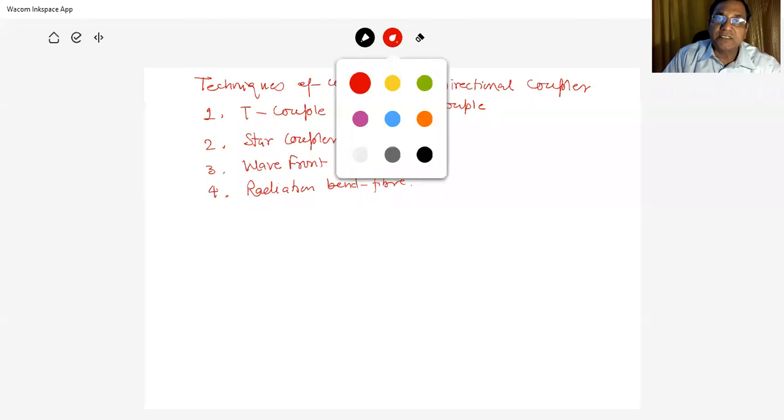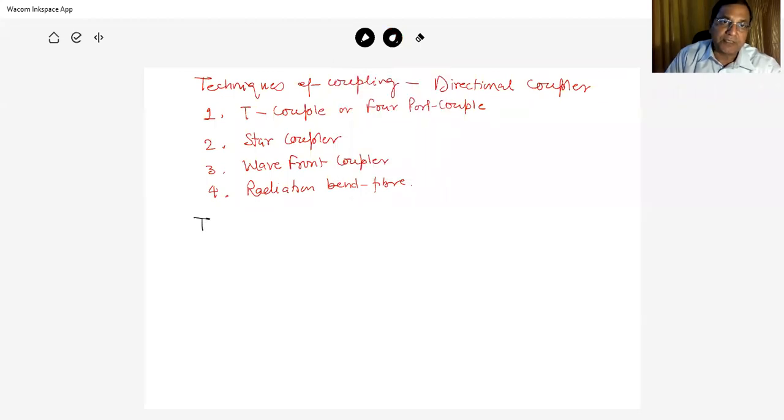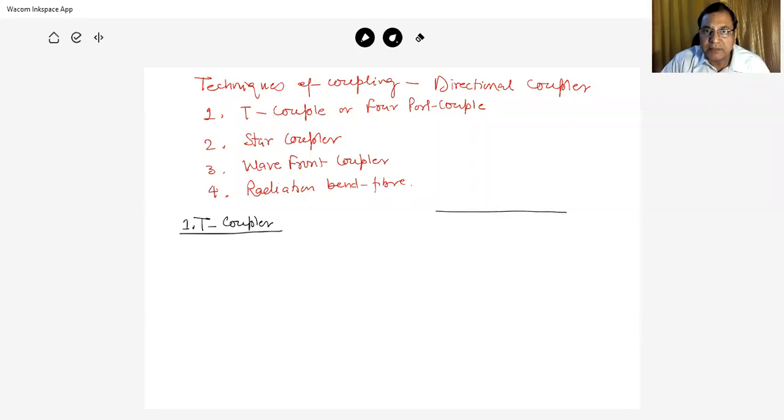So let us consider the first, that is T coupler. T coupler is basically, this is the port that is fed. This is P1, that is P input, power fed, port 1.